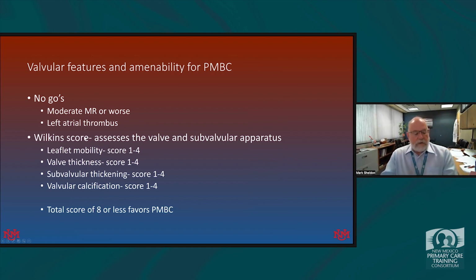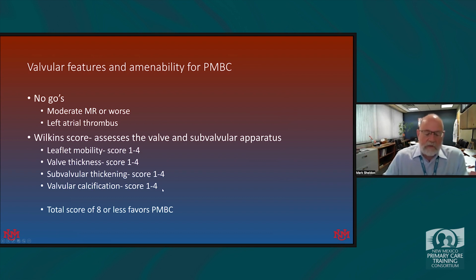And then there's something called the Wilkins score that we can do on a transesophageal echo. This assesses the valve status as well as the subvalvular apparatus. It's based on these scores: leaflet mobility, valve thickness, subvalvular thickening, and then valvular calcification.